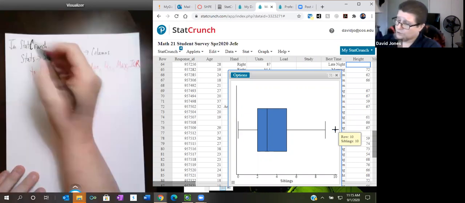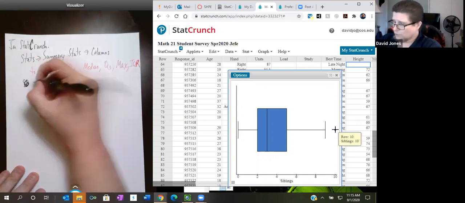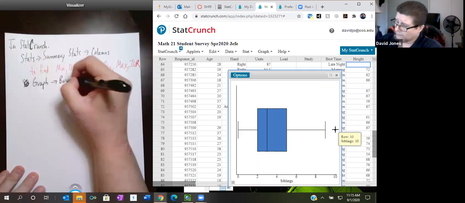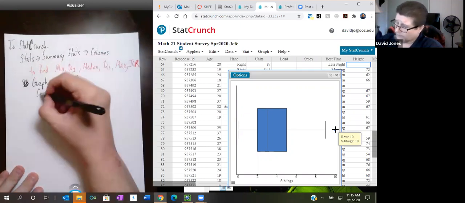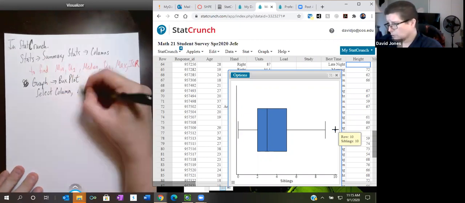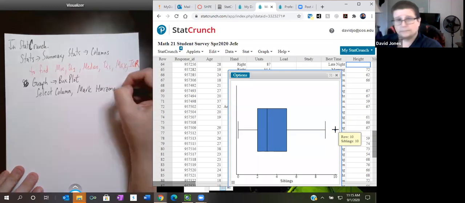You also do Graph, Box Plot, select column, and mark horizontal plot.